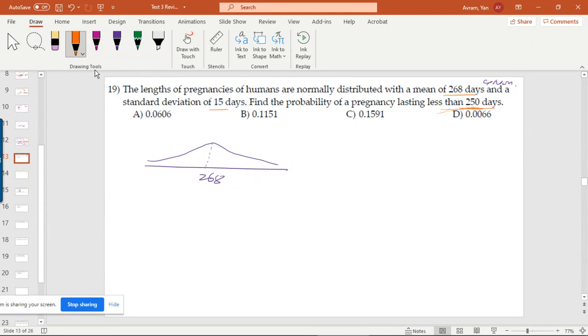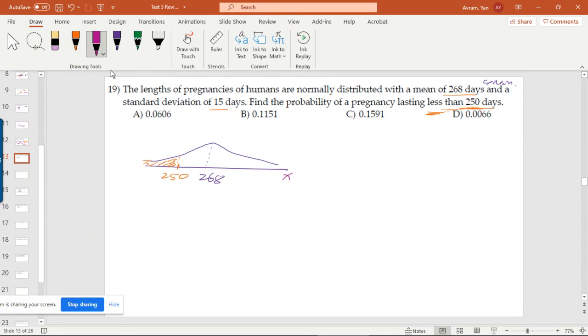The fewer the days, the more premature. That means the hospital has to prepare something. They have to have equipment and be ready to take care of the premature baby, right? So less than is area to the left-hand side. So we're going to look at what percent of babies will be born prematurely.